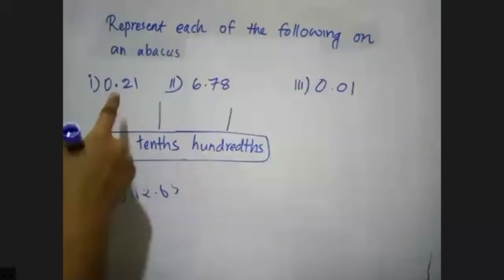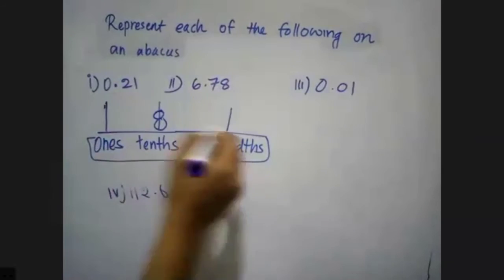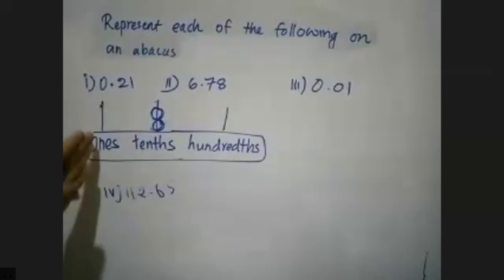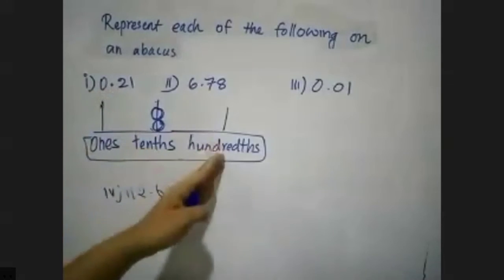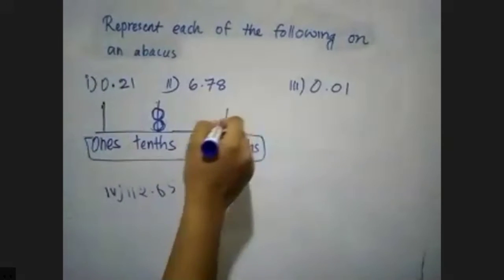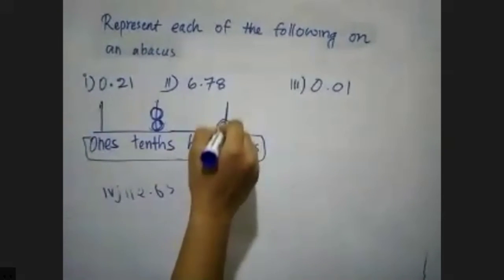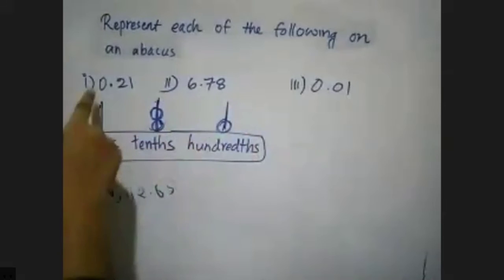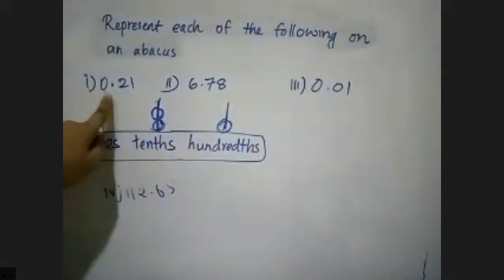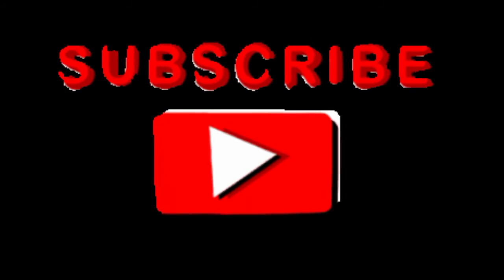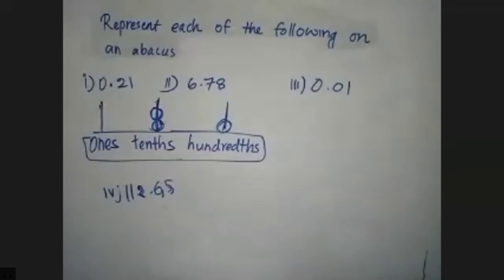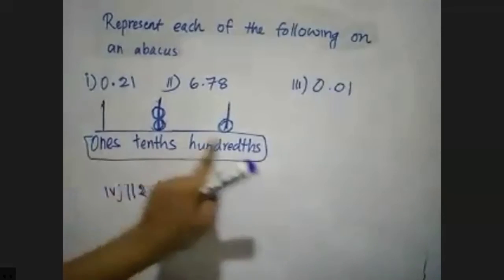In the tenths place, I have 2, and in the hundredths place, I have 1. Now, in this abacus, ones 0, tenths has 2, hundredths has only 1. Please represent it in this manner, because we can't give beads for the ones place here, because the ones place is 0. Copy that down fast.